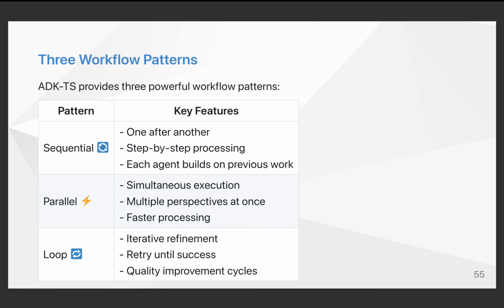It is like having multiple reviewers look at the same document. Loop, for when agents repeat until conditions are met. This is ideal for iterative refinement and retry logic. It's like polishing something until it shines. Now let's dive deep into each pattern with real examples.